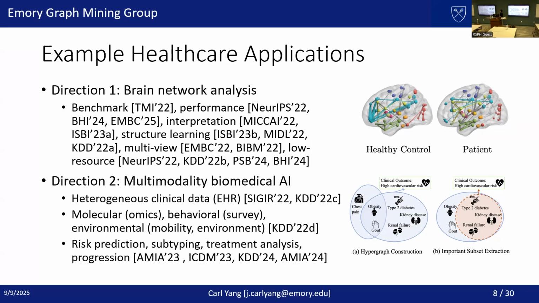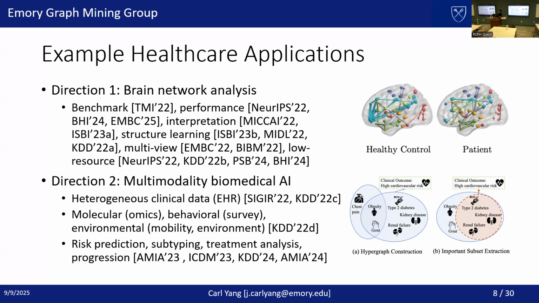So that was more the risk prediction and subtyping work, a higher level structure. Methods-wise, besides that, one of my pretty heavy pieces of work was on brain network analysis.